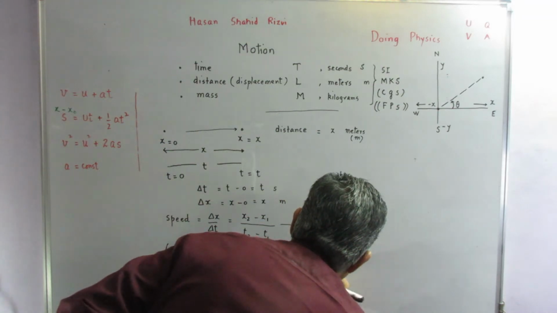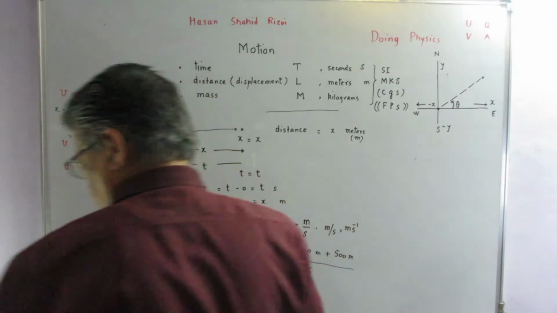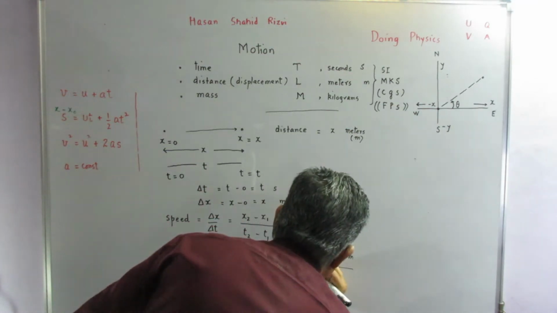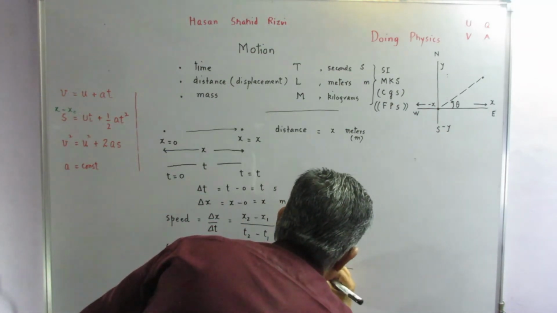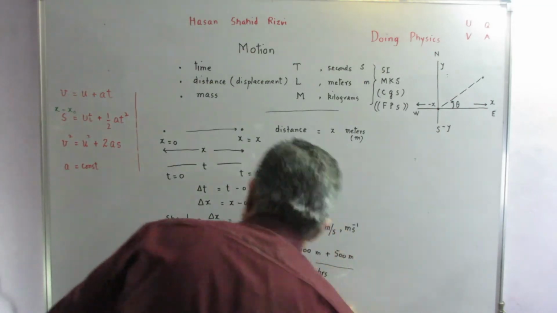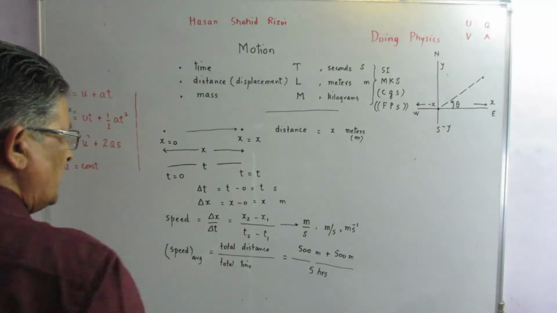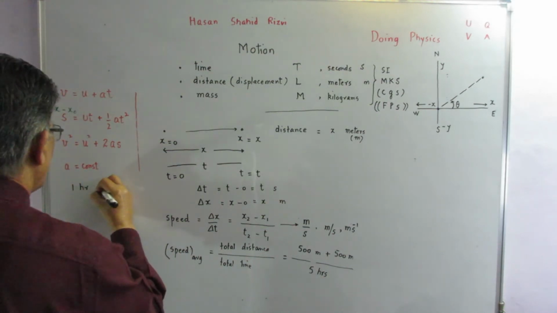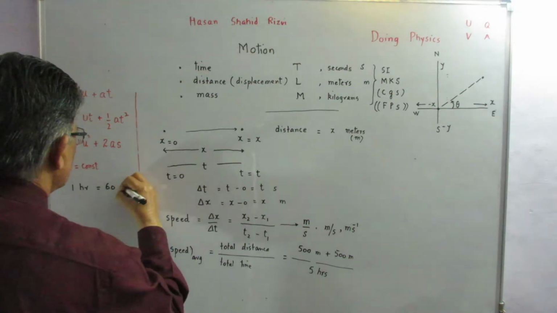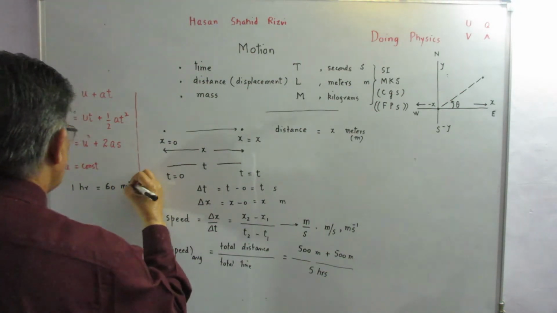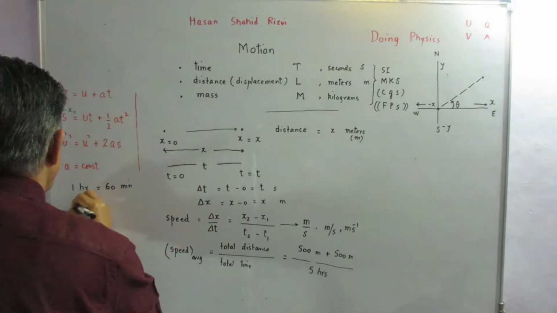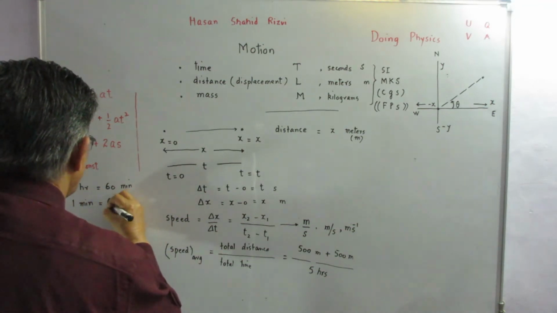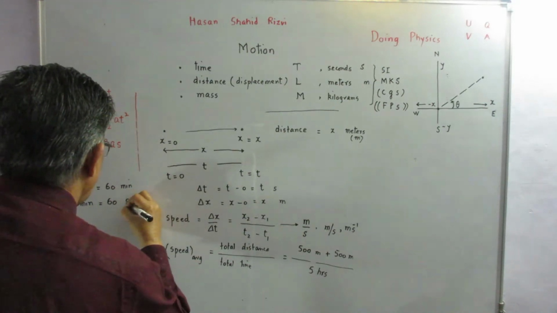let it be 5 hours. And you know that 1 hour is equal to 60 minutes, and 1 minute is equal to 60 seconds.